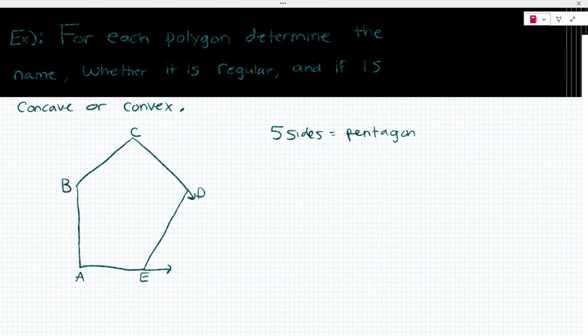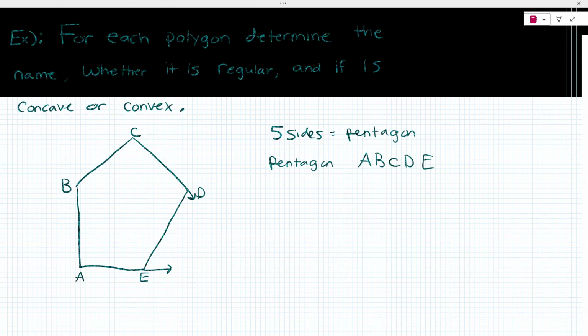What else do we know about this polygon? How should we label this? We can label this pentagon ABCDE, right? You can start anywhere you like.